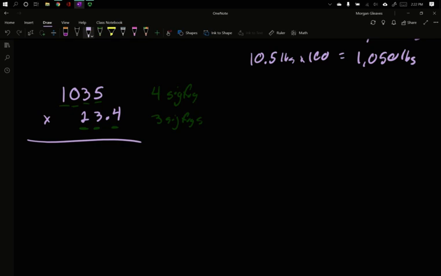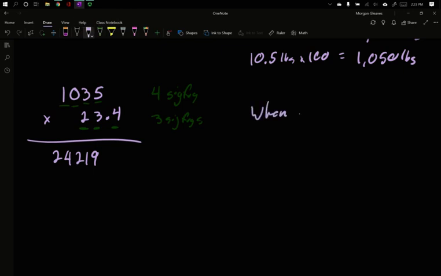you should get something approximately equal to 24,219. Well, 24,219 has 5 values. It looks like 5 sig figs. But the reality is we can't keep that many.